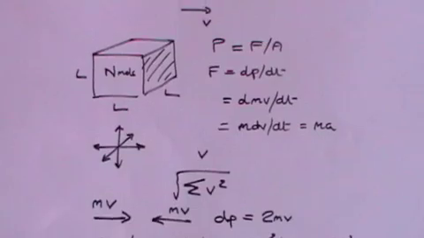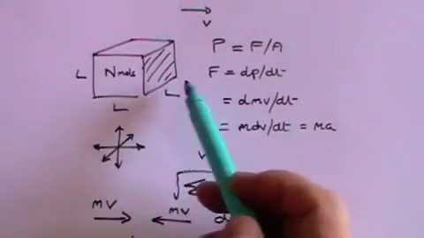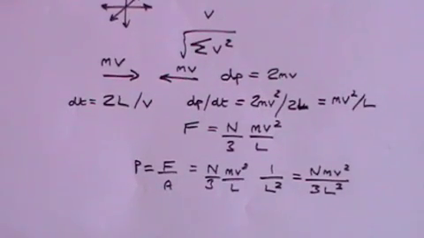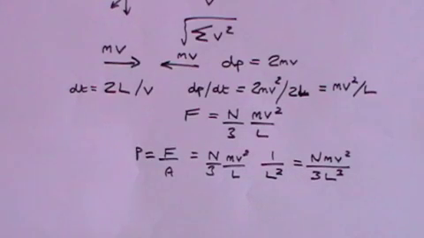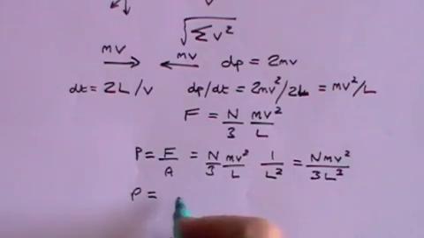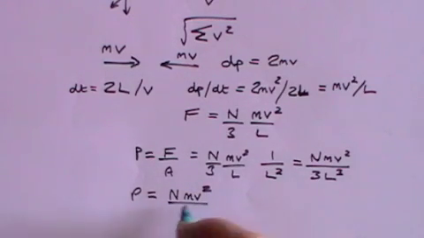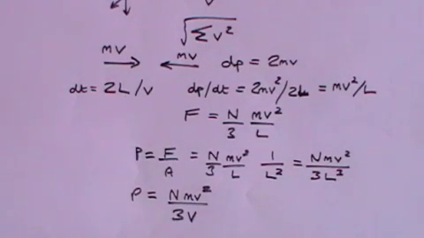But what is L cubed? L cubed is simply the volume of this box. So we can replace L cubed by volume. And that means that P equals nmv squared divided by 3V, capital V now, where V stands for volume.